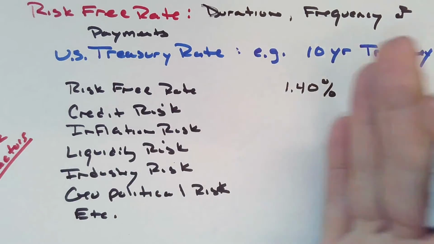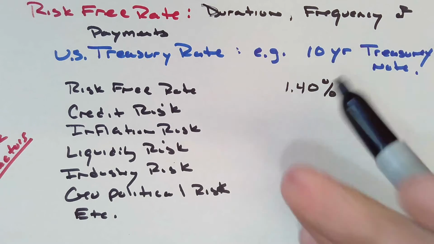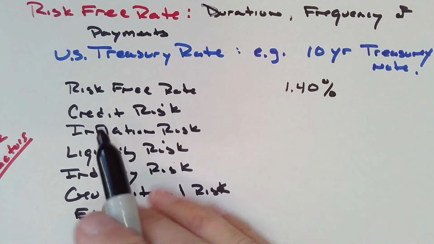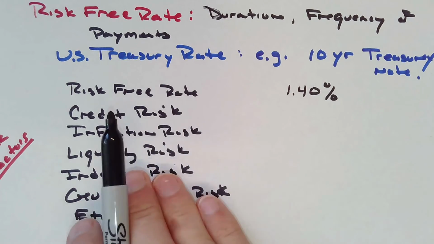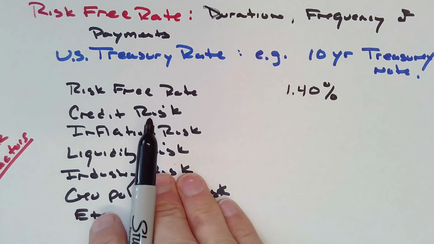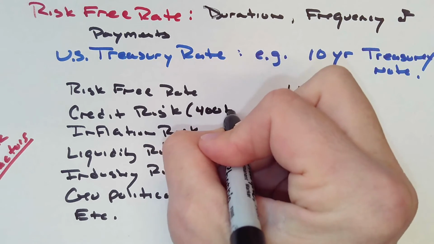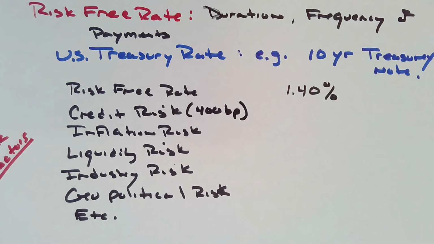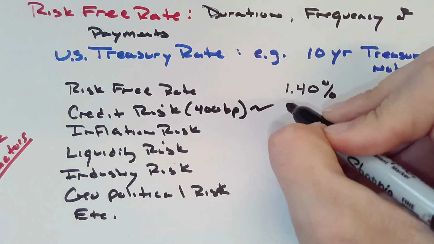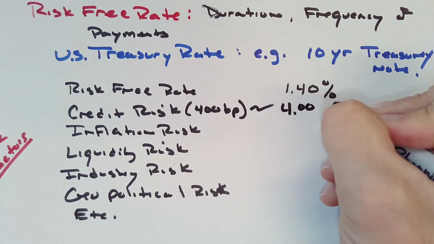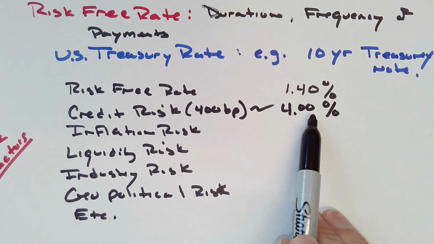And in here, you're going to start adding risk. You're going to start thinking about, okay, well, for credit risk, I want 400 basis points over the risk-free rate. So 400 basis points is equivalent, or is the same, to 4.00%. Every basis point is 0.01%.